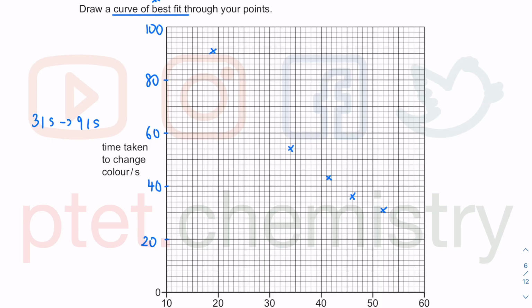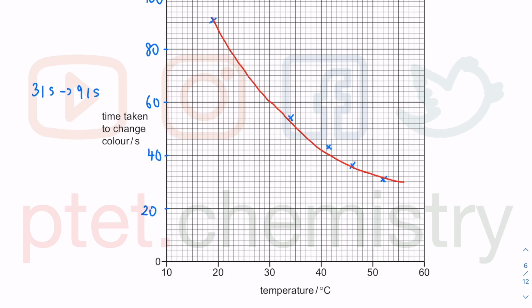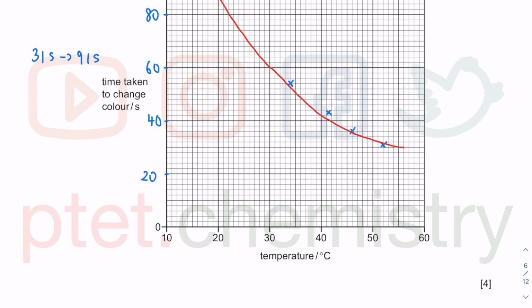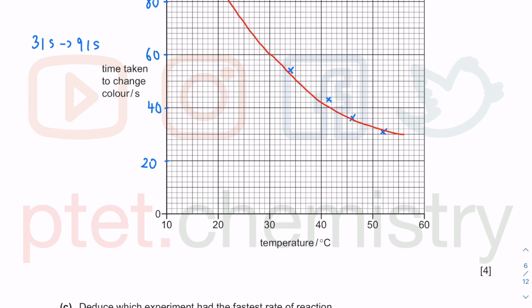Let me try and draw it from this way around. That doesn't quite work out. So what happens if you're in the real exam and you try to draw this to the best of your ability and you only have like 4 minutes to do this? I'm pretty sure that I plotted my points correctly. I'm probably not going to spend so much more time on this because otherwise I won't be able to finish the whole exam, to be honest.